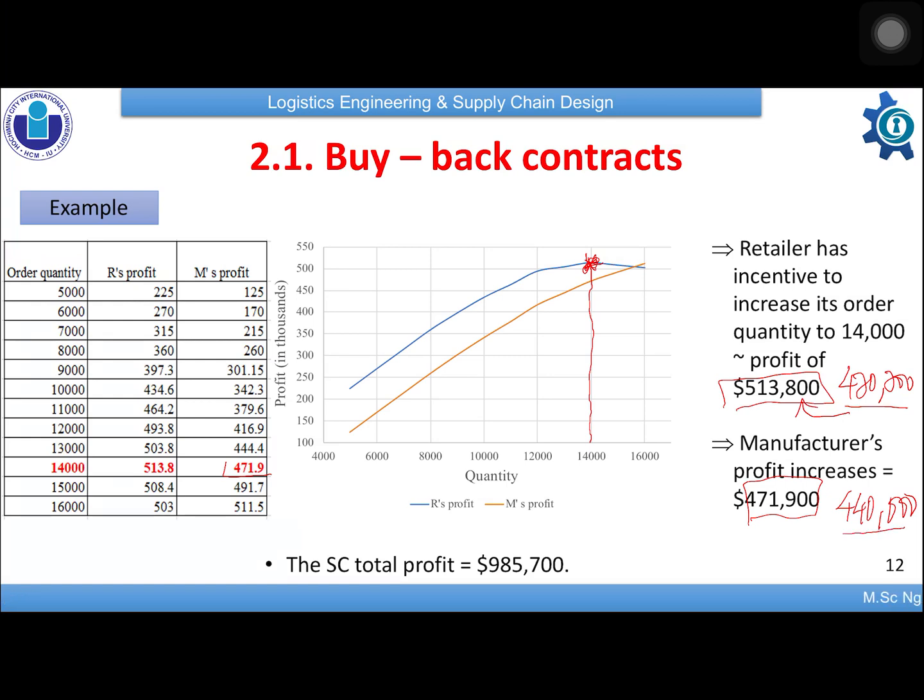And for the manufacturer, we also can see that the profit increases, and the total profit we can calculate is equal to 985,700, and it's also increased compared to when they don't combine the buyback. Okay.